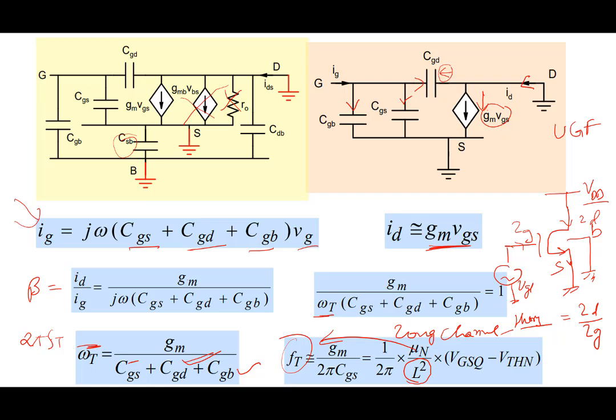Mobility obviously is important. The other one is the voltage at which you operate, which we saw in the last thing also. The higher the voltage at which you are able to operate, the higher the FT, unity gain frequency. So this captures some of the important things in terms of delay or speed of a MOSFET here. It's inversely proportional to channel length, and depends on mobility and the operating voltage.